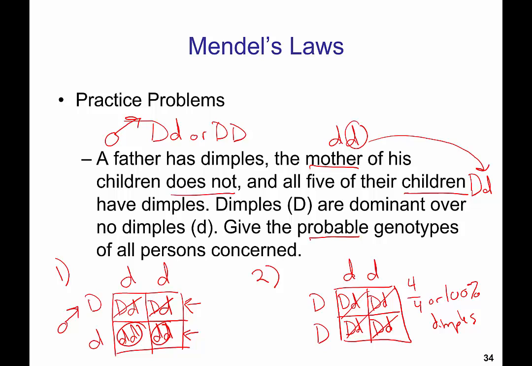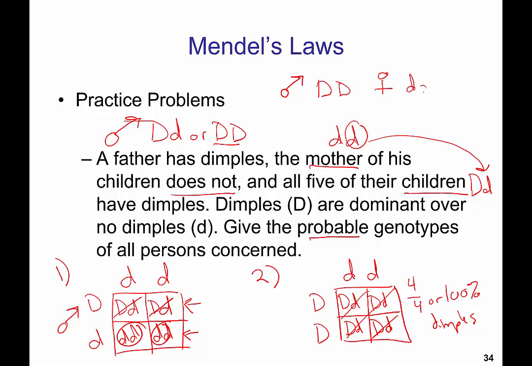All right, so in order to give the final answer to this problem, we need to look at what was asked. Give the probable genotypes of all persons concerned. So we have the father, which is most likely going to be homozygous dominant. The mother, we figured that out.